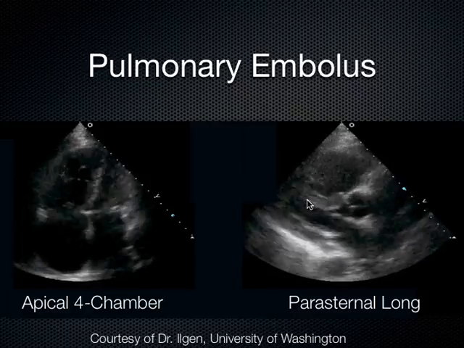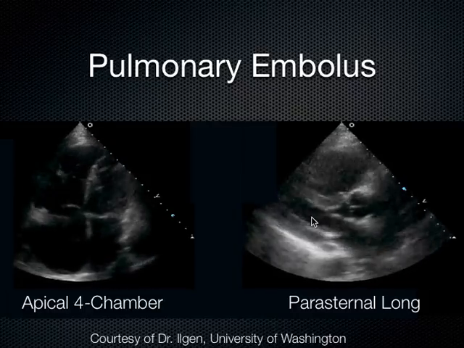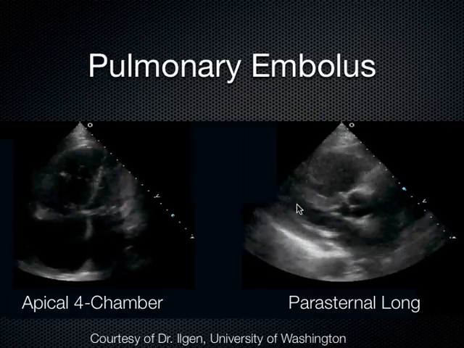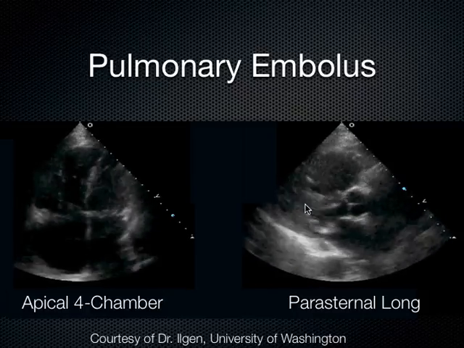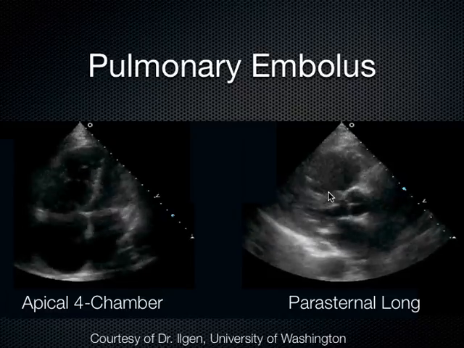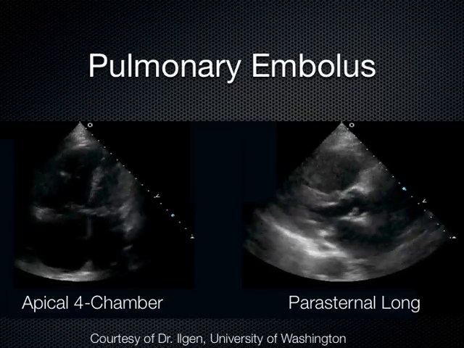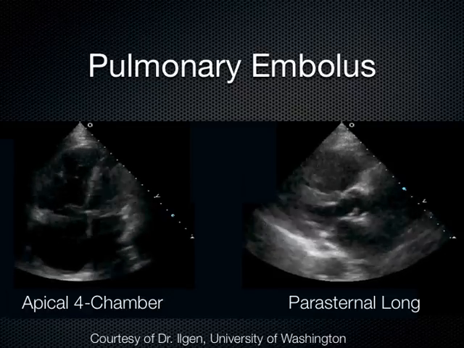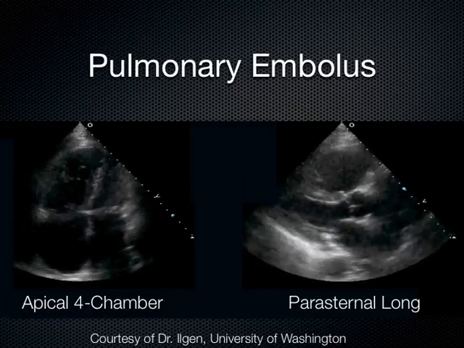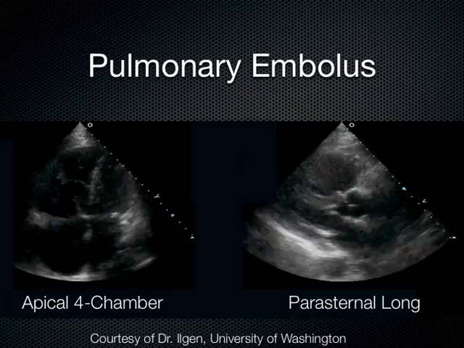The septum and the posterior wall are actually kissing each other. That tells us that there's no fluid in that left ventricle, and the right ventricle is very big. We can see this in situations like pulmonary embolism or pulmonary hypertension, where we see RV strain.